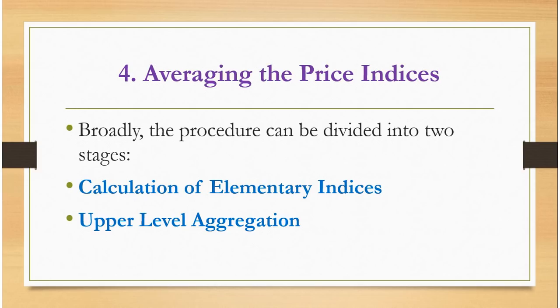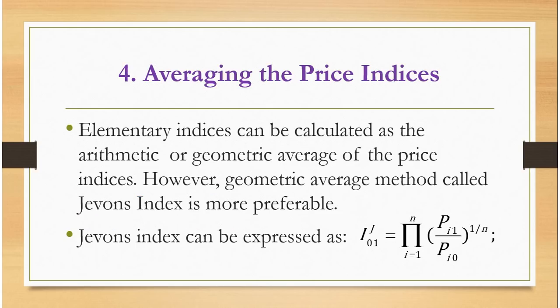Broadly, it can be divided into two stages. The first one is calculation of elementary indices, and the second one is upper level aggregation. Elementary indices can be calculated as simply the arithmetic or geometric average of the price indices. However, the geometric average method called Jevons index is more preferable.